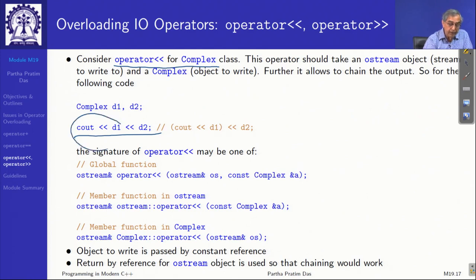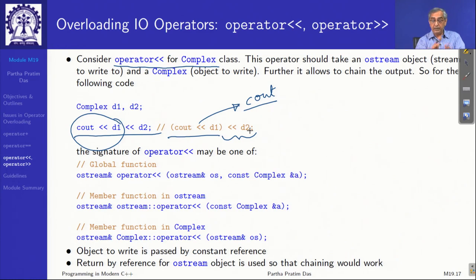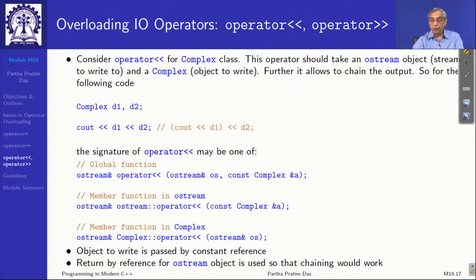As you know, this will be done first, right, it is left associative, which must return the cout again, because I want to chain, and this will be done next, right. This is the behavior that I get for integer, character, double, these kinds of built-in types. So, I want that behavior to be present.